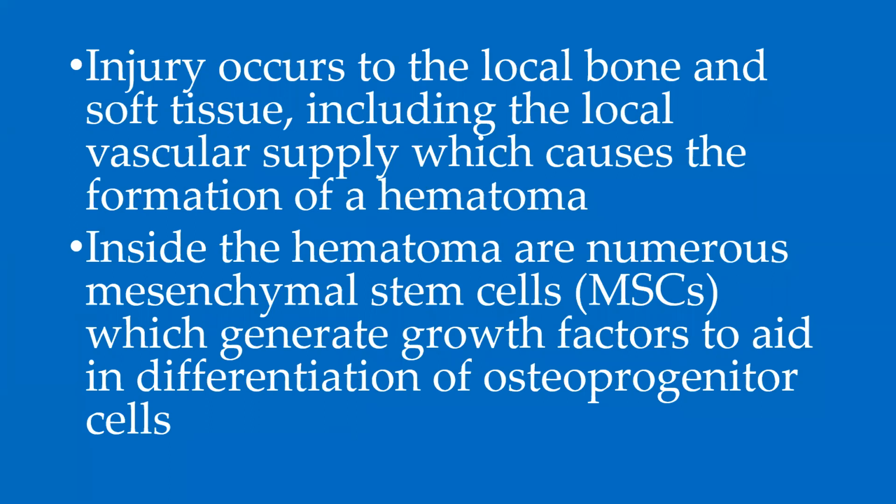Inside the hematoma are numerous mesenchymal stem cells. To give it a short name, they are called MSCs. I will continue with either the full name or not. This generates growth factors to aid in the differentiation of osteoprogenitor cells. What does osteoprogenitor cells mean?